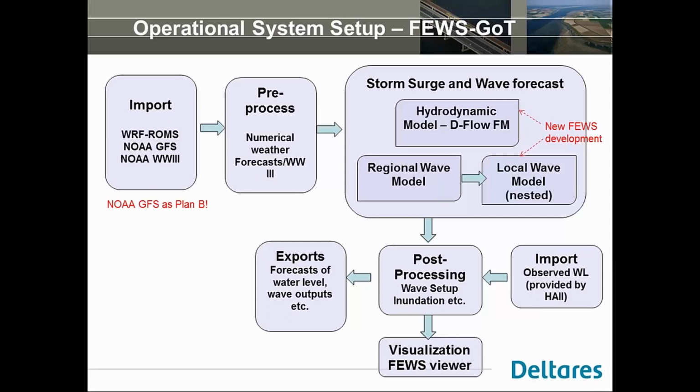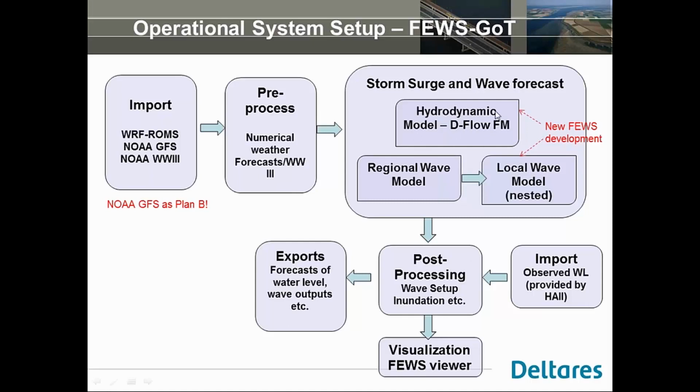We also import NOAA WaveWatch 3 data for the boundary condition forcing for the SWAN wave model. And after the importing, all the imported datasets are pre-processed to the data format that is required by the hydrodynamic model and wave models. After pre-processing, those datasets are forwarded to the model simulation folder in order to start the DFlow-FM simulation and two wave model simulations.